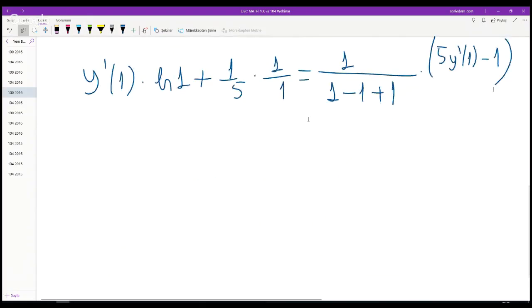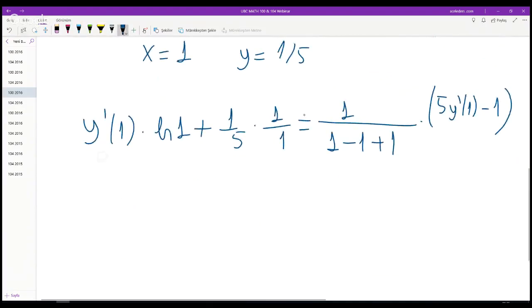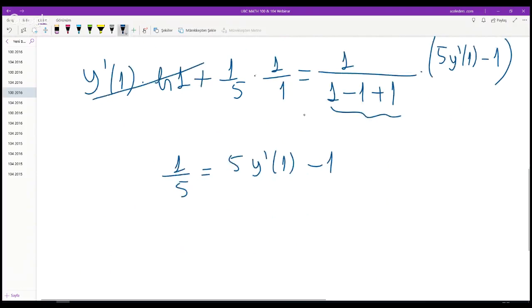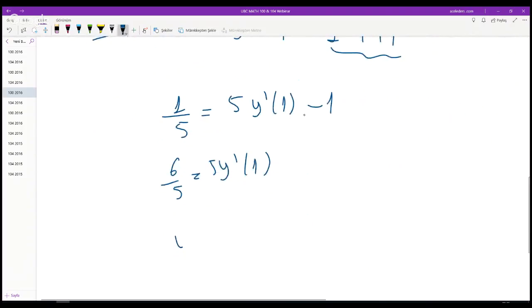Ln 1 is 0. So 1 over 5 equals 5y prime minus 1. So 6 over 5 is 5y prime, and y prime is 6 over 25.